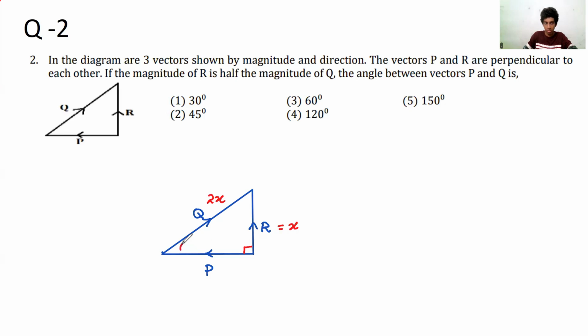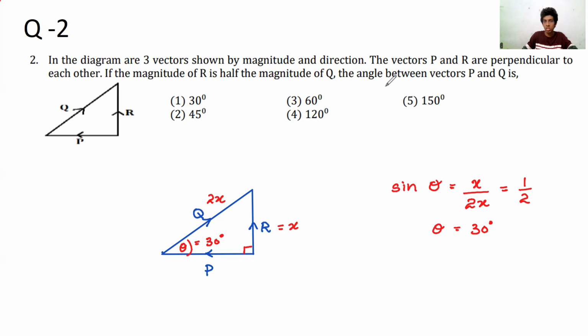If we take this angle as theta, sine theta is opposite divided by hypotenuse, that means x divided by 2x. So that is equal to half. That means theta is equal to 30 degrees. So this is 30 degrees.